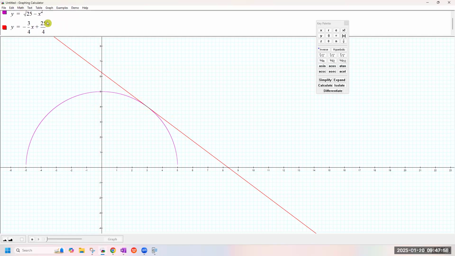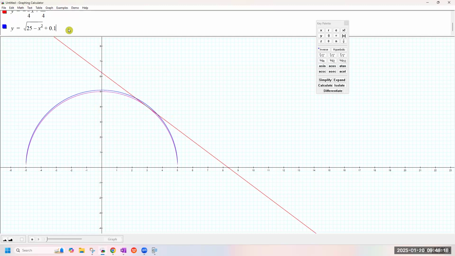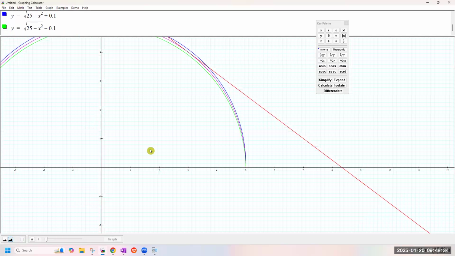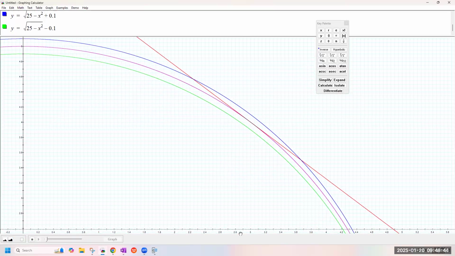So I will copy this and make it a new expression, plus 0.1, and then another new expression, subtract 0.1, to see where they intersect.